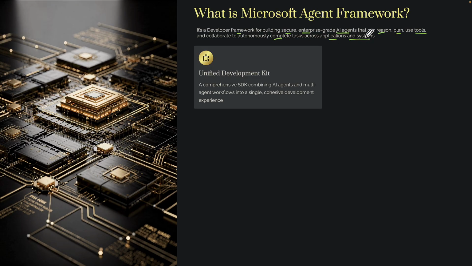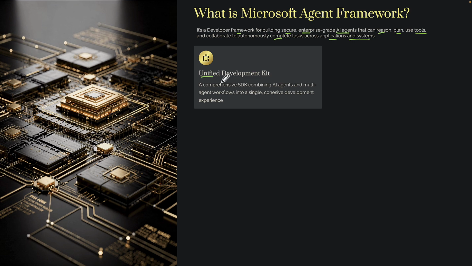Now, if we take a look at it one by one, the first thing is it is a unified development kit. And very soon you'll take a look at why we use the word unified, because it was a combination of semantic kernel and autogen. And as I said, in the next few lectures, you'll understand what exactly was semantic kernel and autogen.